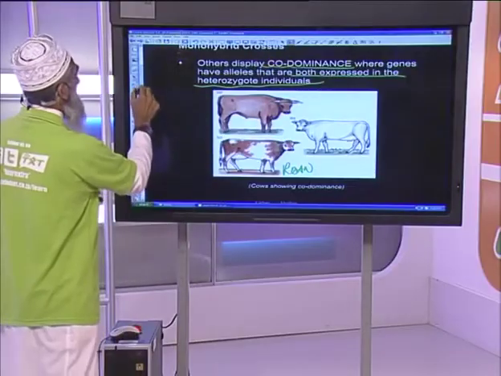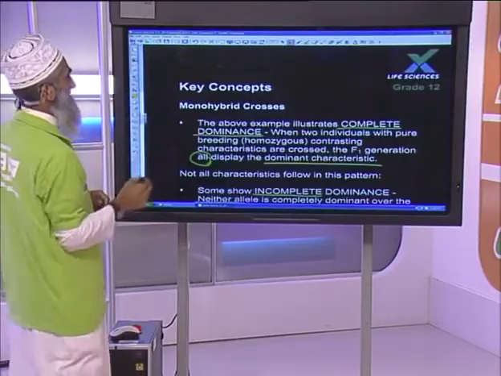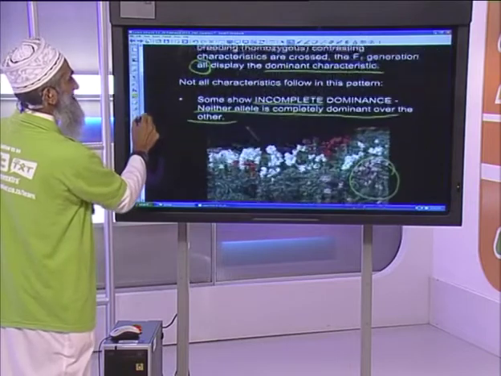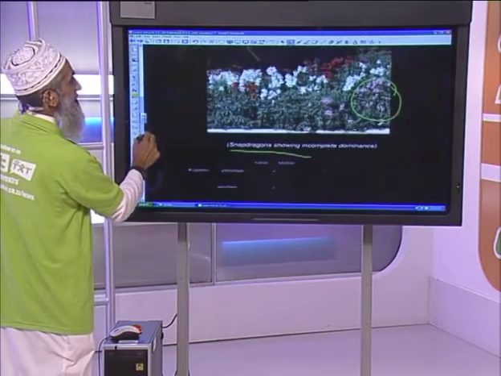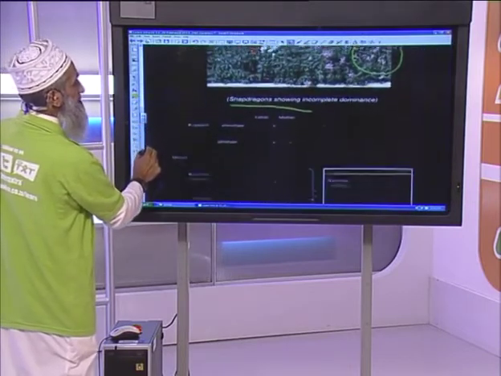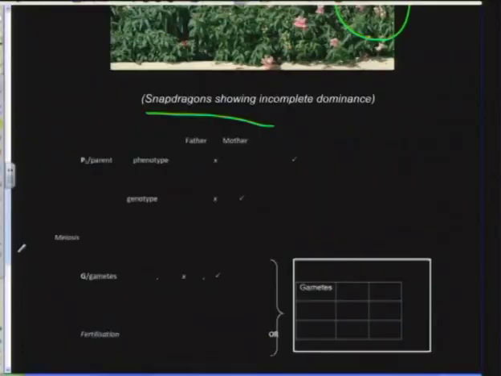Now, let's go back to our incomplete dominance. We gave the example. Now we want to say, how does it work? So we said that the male flower and the female flower, if the male flower was red and the female flower was white, we have given the phenotype.